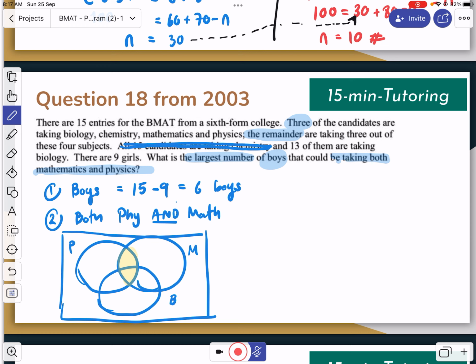And then we say, oh, here, 3 of the candidates are taking everything. So, we know this is 3, this area. Okay, and that is the area where candidates take all subjects. So we already used that.